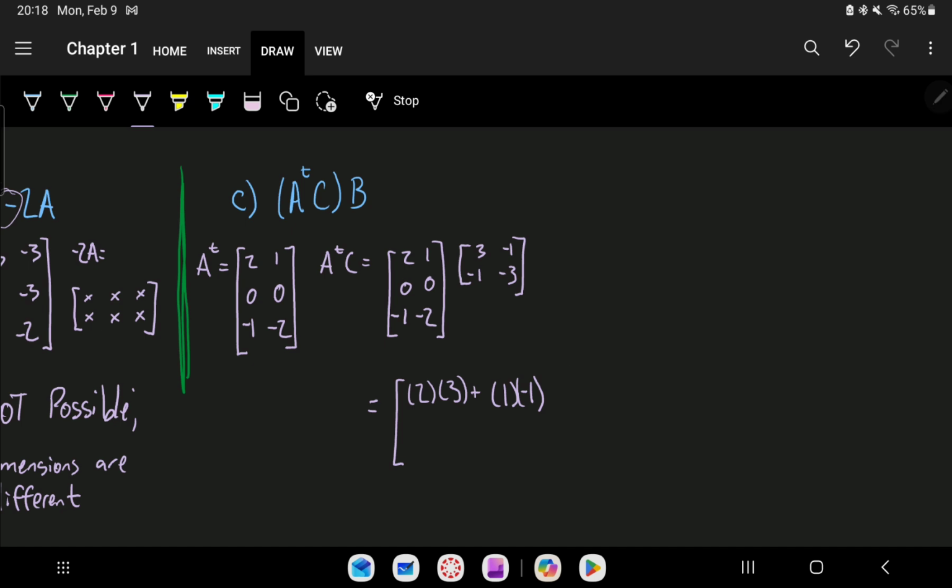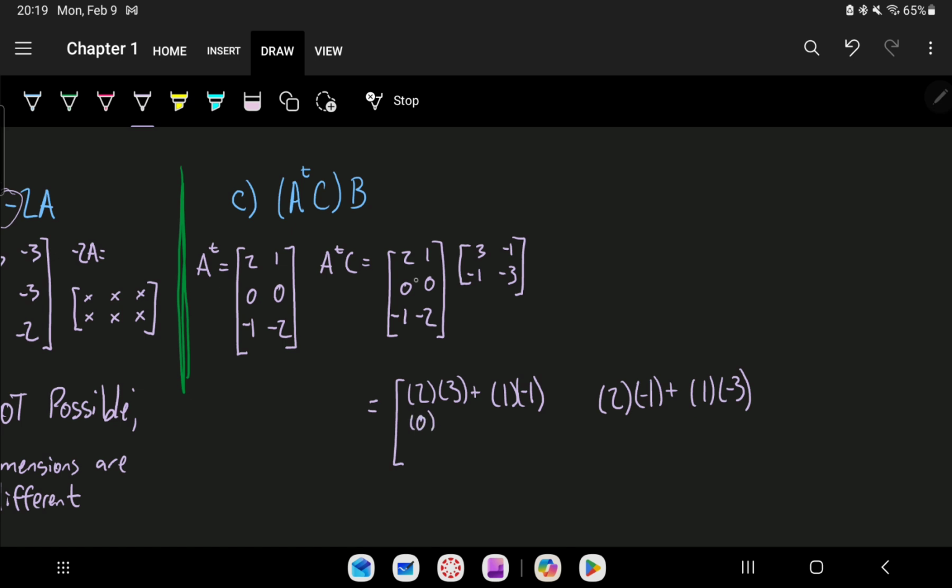So likewise, for the next entry, we have the first row of A transpose dot product with the second column of C. So that's going to give us 2 times -1 plus 1 times -3. All right, the second row is going to be very easy because it's just going to be all zeros, but we'll still draw it out so everybody's on the same page.